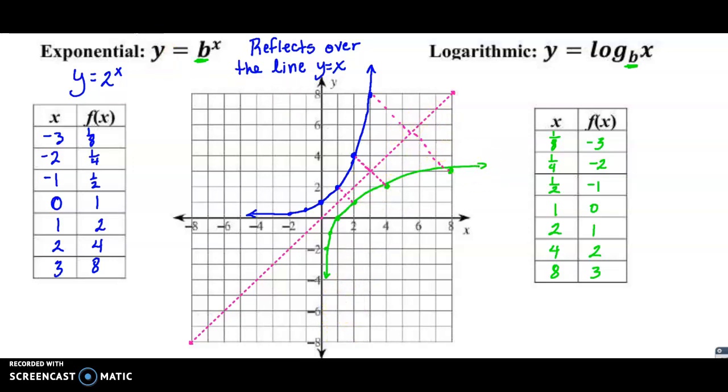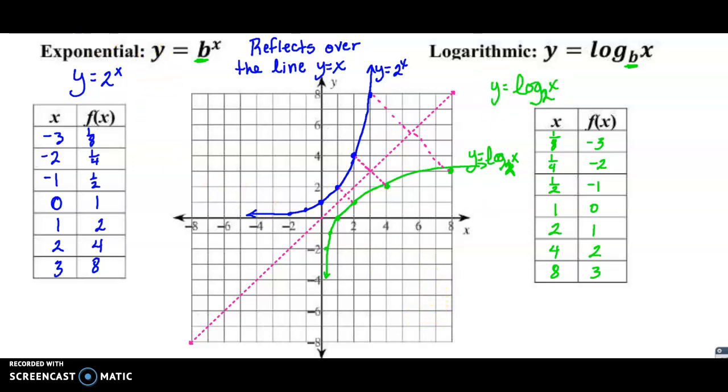So this is our y equals log subscript b of x, and our original is y equals 2 to the x. Sorry, the subscript b would be a 2. Okay, so your bases will be the same. So this would be log base 2 of x is what we graphed.